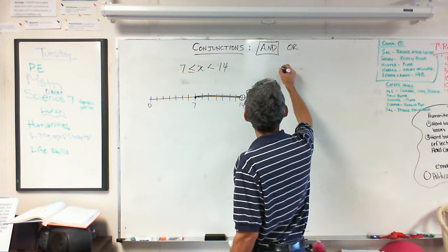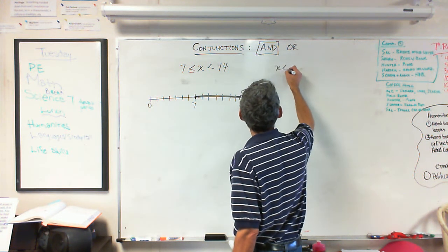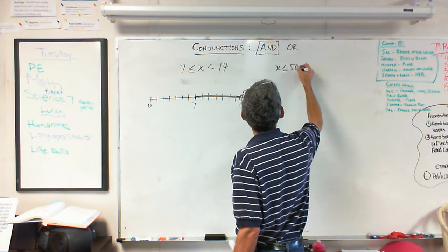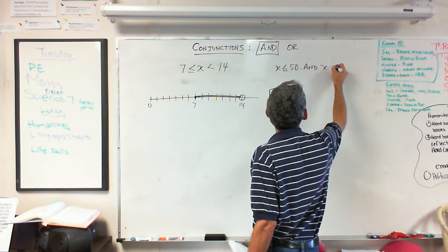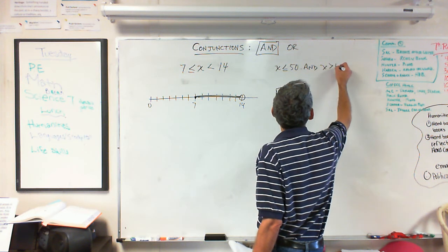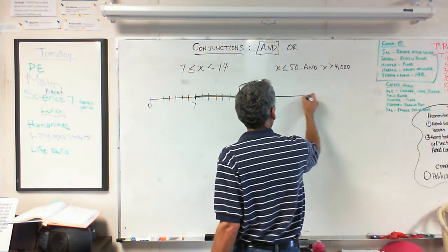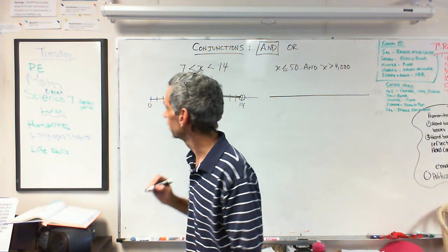Let's try another one. I'm going to write it out the whole way now. So x is less than or equal to 50, and x is greater than 4,000. Okay, so here's our line. We're not going to go one by one, right?